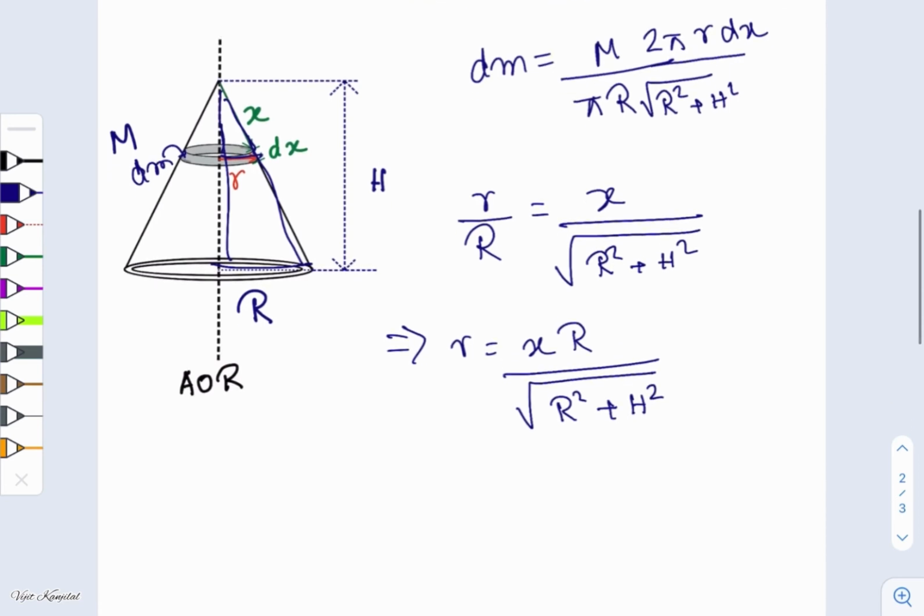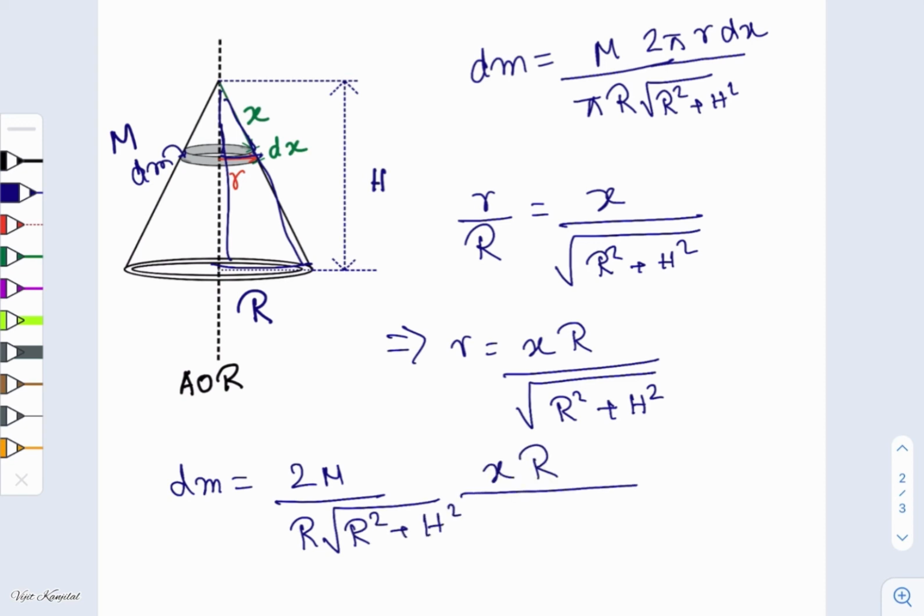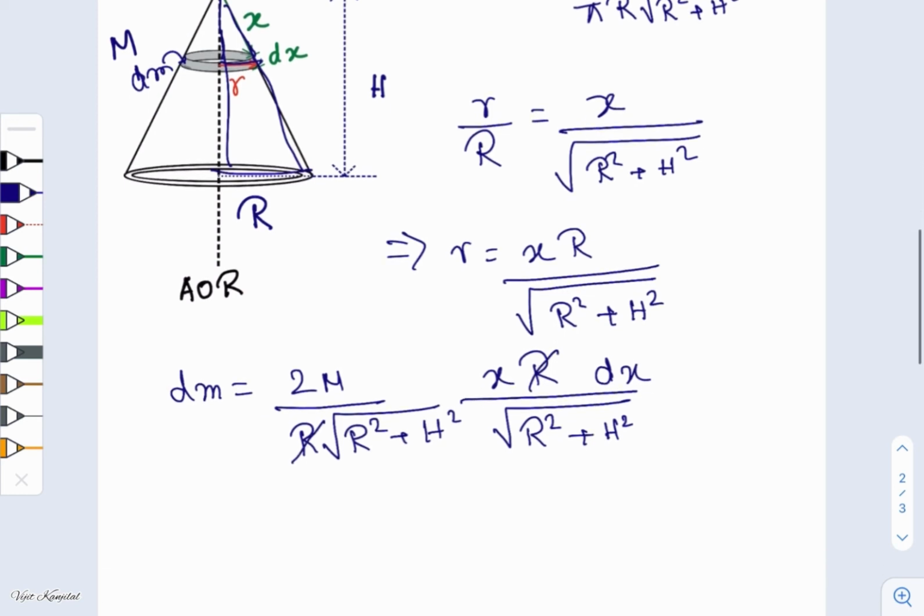So we can simplify dm as 2m by R times root over R square plus h square, times xR by root over R square plus h square, times dx. So R gets cancelled out, and we get dm as 2m x dx by R square plus h square.